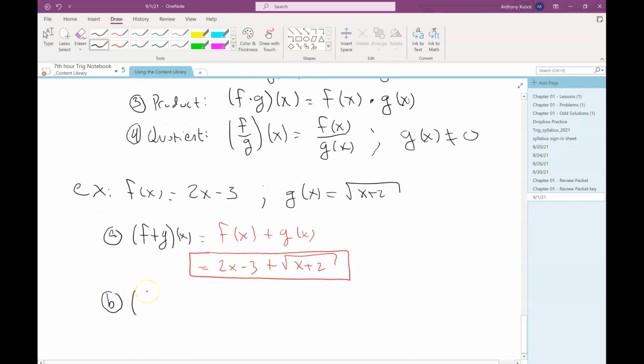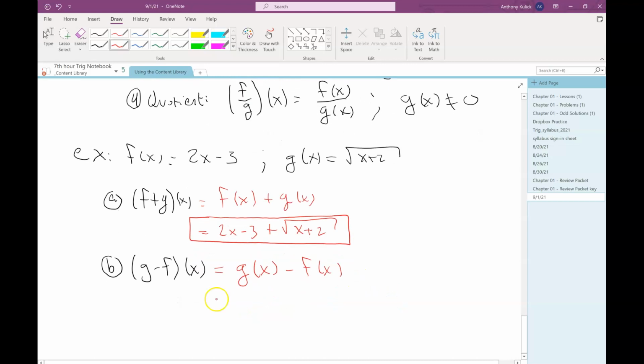What if we did g minus f evaluated at x? Again, the definition says that should be g of x minus f of x. G of x is the square root of x plus 2, and f of x is 2x minus 3. So that's what I would write, right? Not quite. What's the problem here?